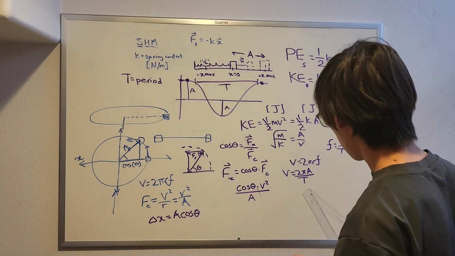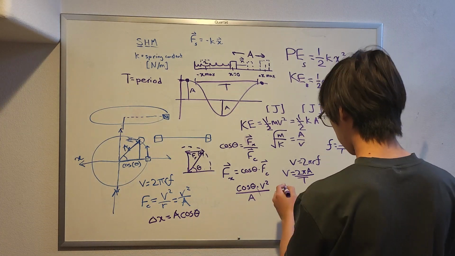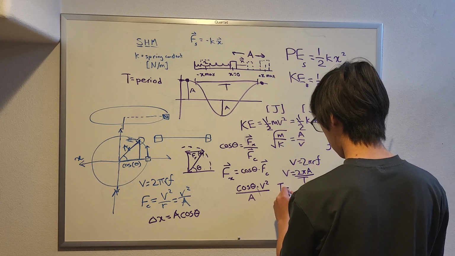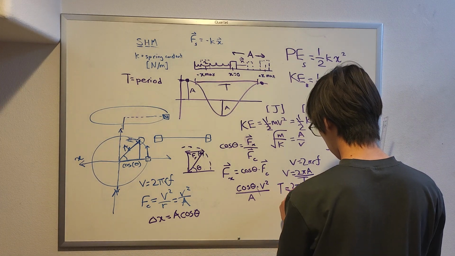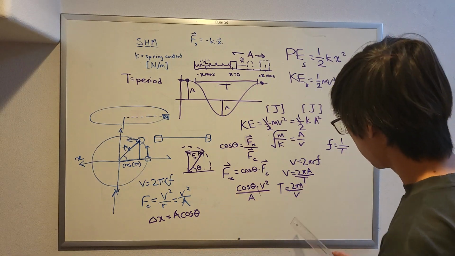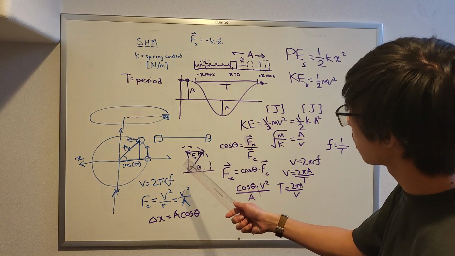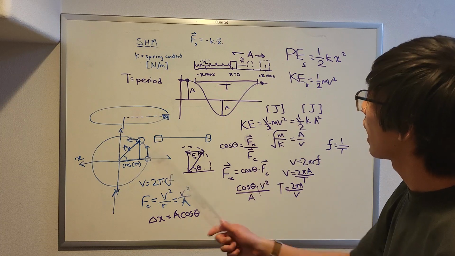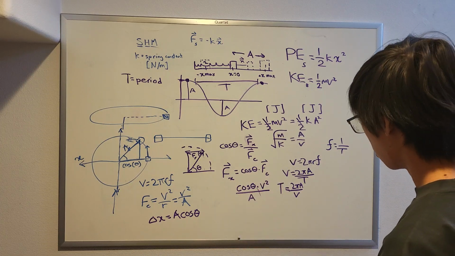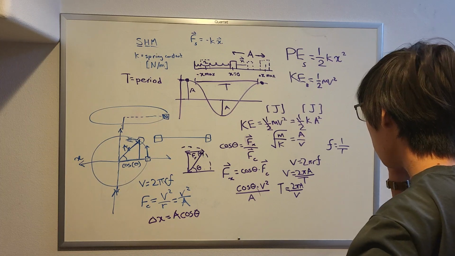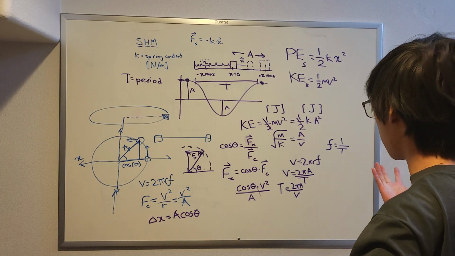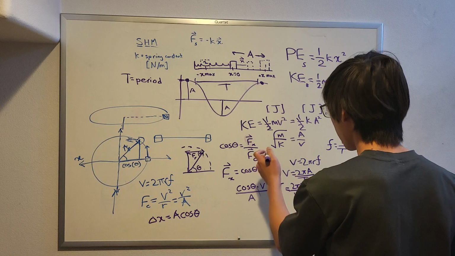So from here, we're just going to have to switch the t and the v here using some algebra. And this gives the period of something exhibiting simple harmonic motion in the x-axis is equal to 2 pi times a over v. But the problem is, what is a over v? Oh, wait, we know what a over v is.